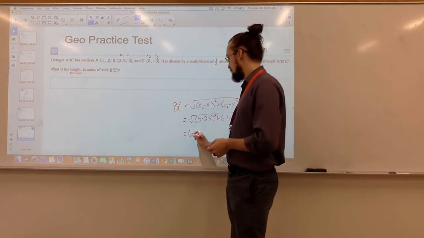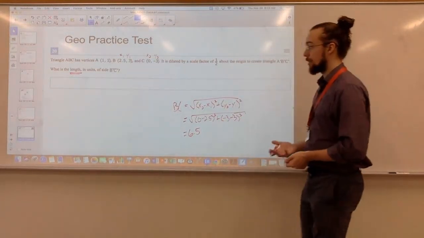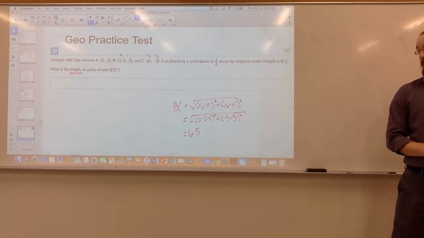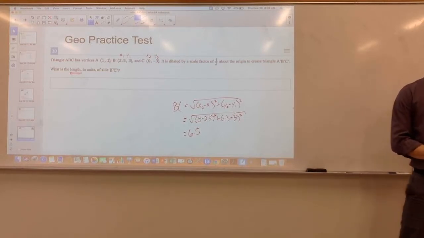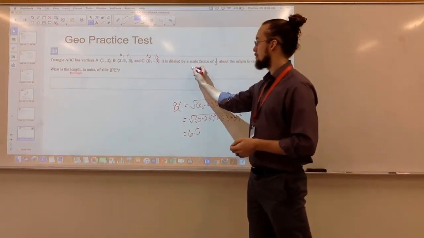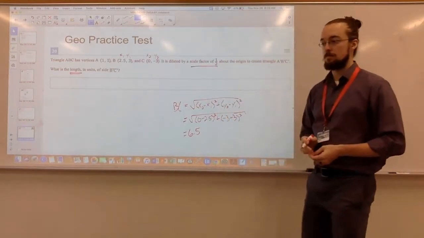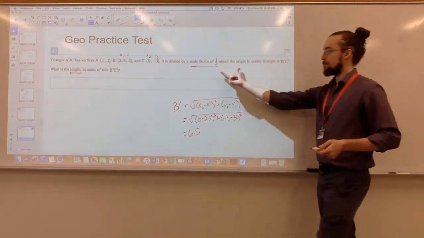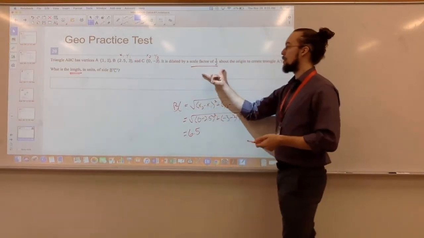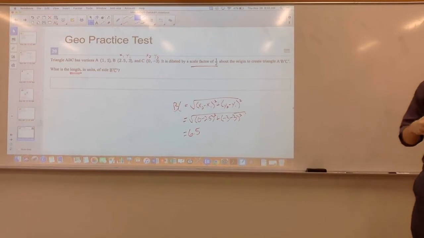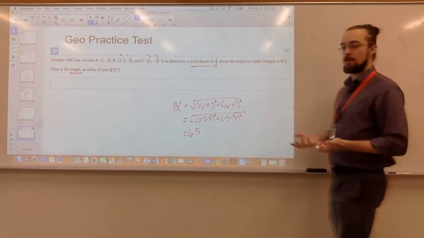So the length of BC in my original triangle is 6.5. How do I find the length of B prime C prime then? Scale factor. Just half it, right? If I'm dilating the triangle by a scale factor of 1/2, that just means this new triangle is going to be half the size of my old triangle.